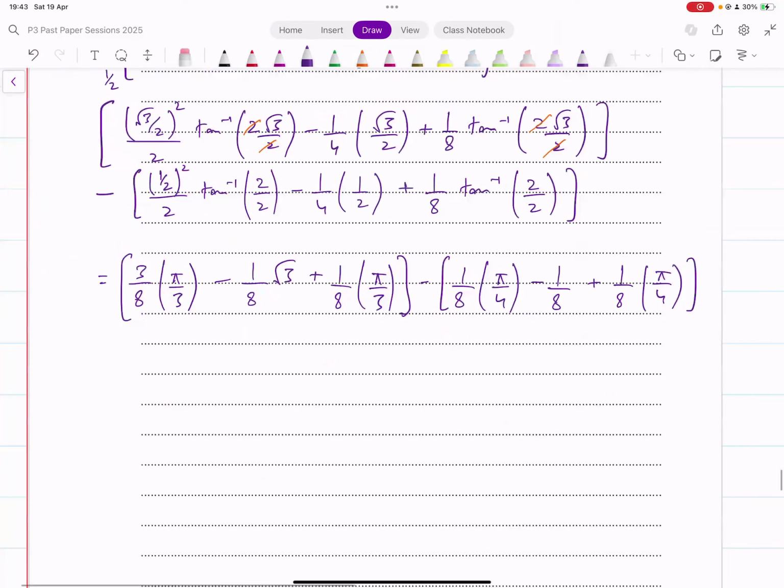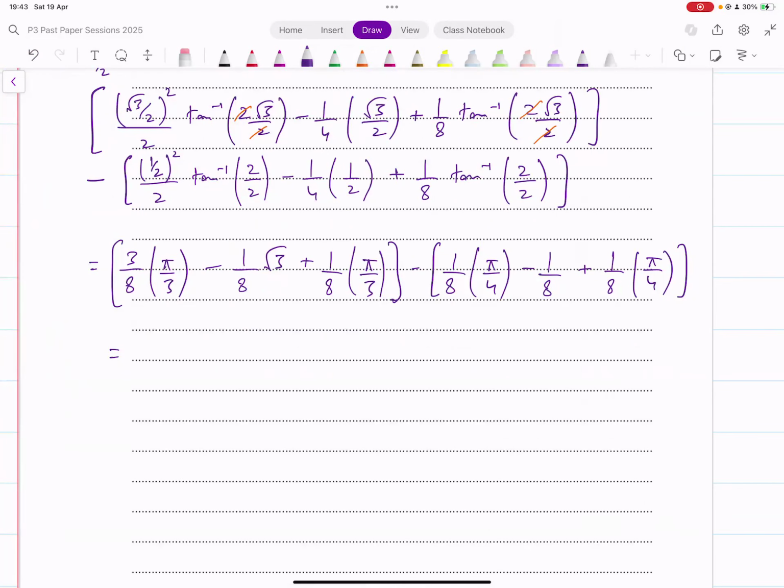And now you simplify this, it becomes pi over 8. Or you can say 1 over 8 times pi minus 1 over 8 times square root of 3 plus 1 over 24 times pi minus 1 over 32 times pi plus 1 over 8 minus 1 over 32 times pi.